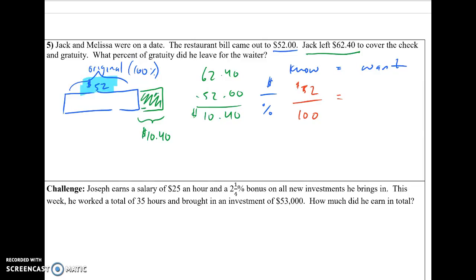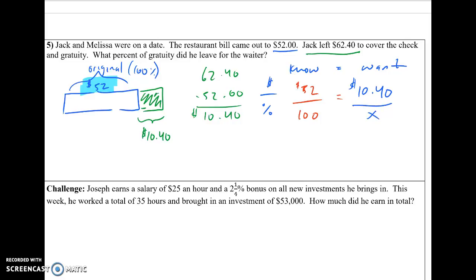So in other words, we want to find what percent of $52 is $10.40. All right, so when we relate that back to our proportion, we have 52 over 100. We want to know what percent is $10.40. So this is going to be $10.40 over X percent. We're trying to find the percent.